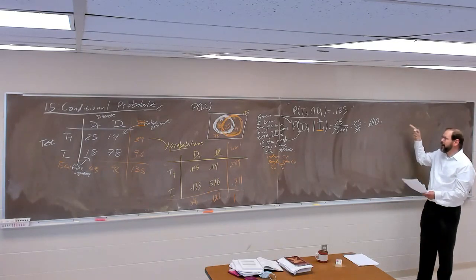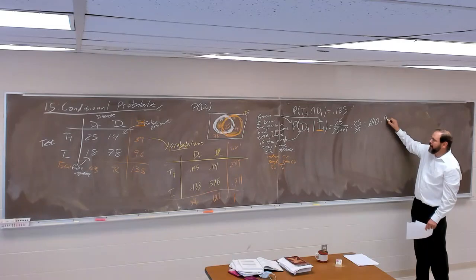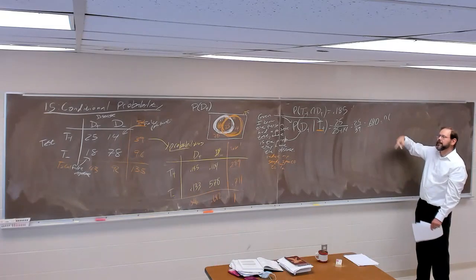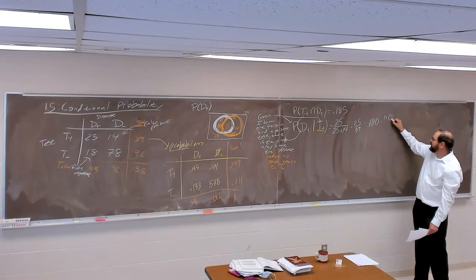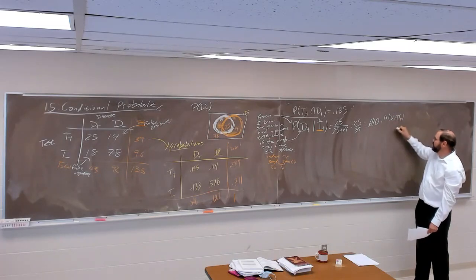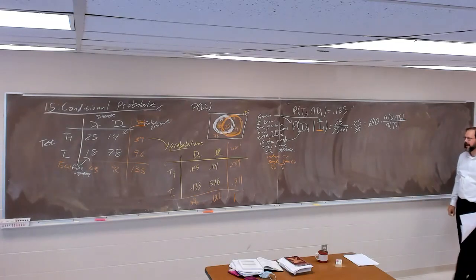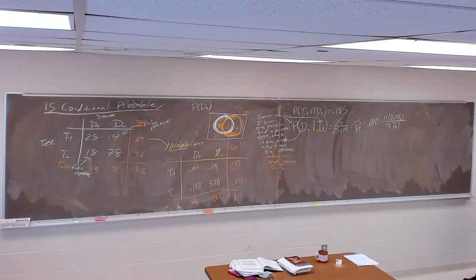And by the way, how do we calculate that? We calculate it by taking the number of results that were in D plus and T plus, and we divide it by the number of things in T plus. Again, we learned not so long ago, if I want to compute the probability of A and everything is equally likely, we're going to have to move away from this assumption sooner or later. It's not going to take long. We're going to be there very soon.